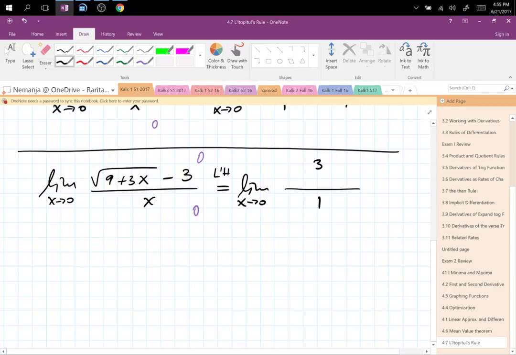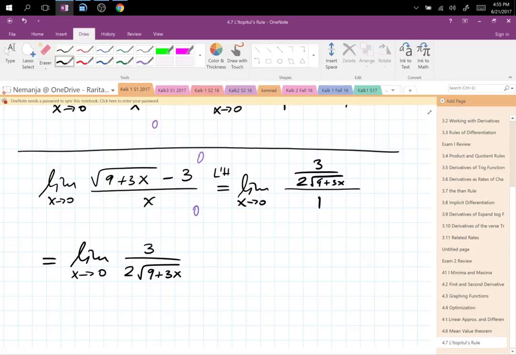And we know how to take that derivative. So this is what we get. And now, if I get rid of the 1 in the denominator, we have 3 over 2 times square root of 9 plus 3x. And when you plug in 0 here now, you get a half.